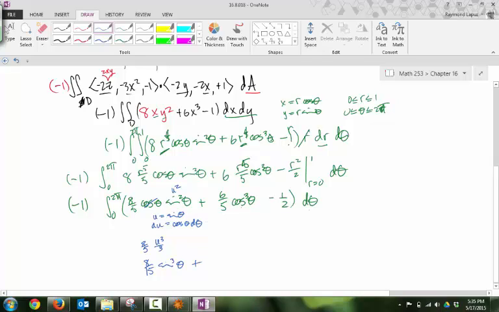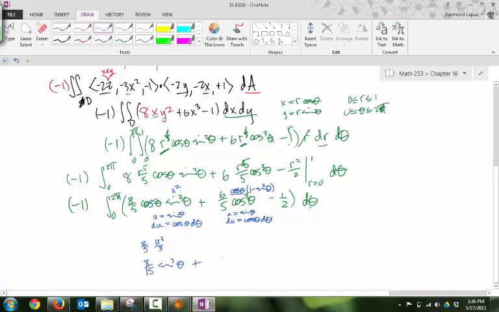The second one, we need to break this up into cosine theta and cosine squared theta, which is 1 minus sine squared theta. And if we do that, we'll do the same substitution. u is equal to sine theta, du is equal to cosine theta d theta. So again, that cosine theta d theta combo will go away. And so this is 1 minus u squared.